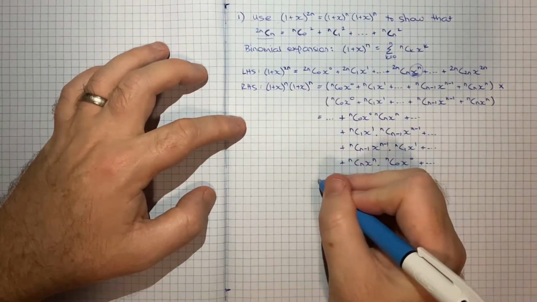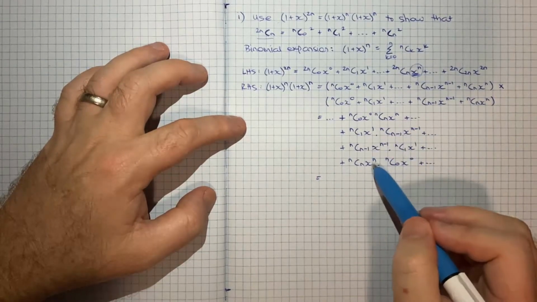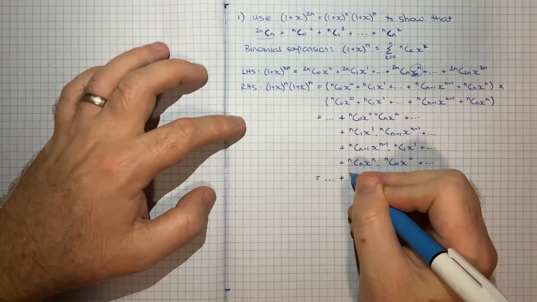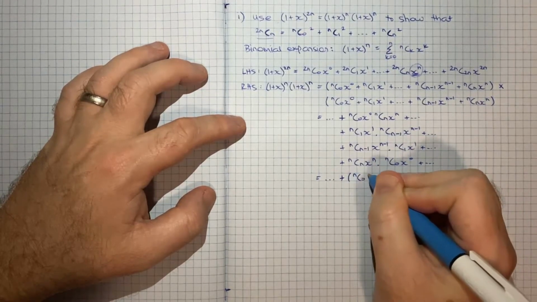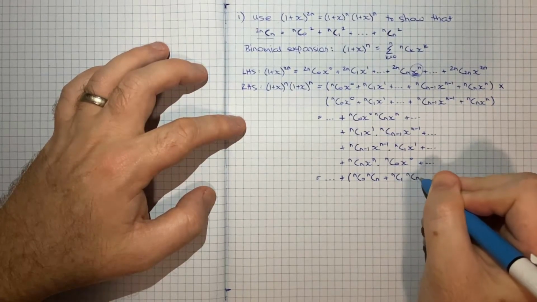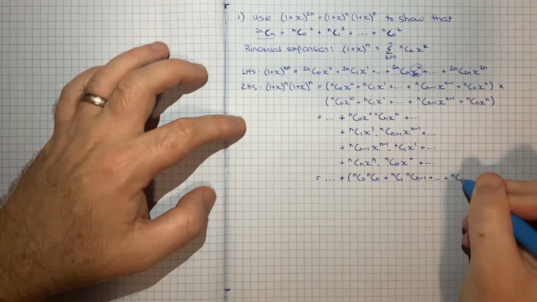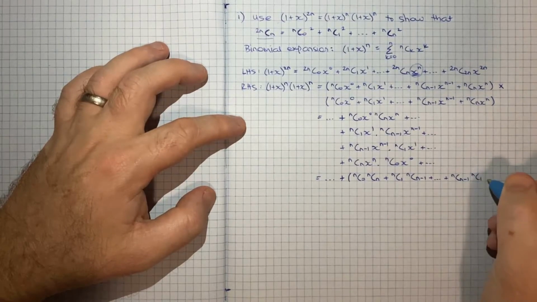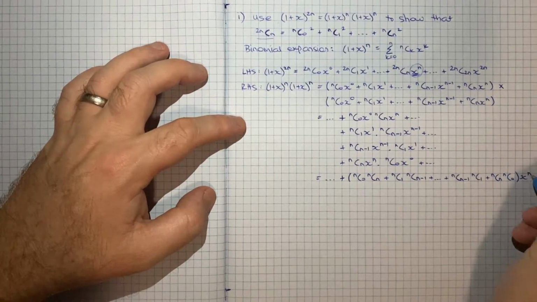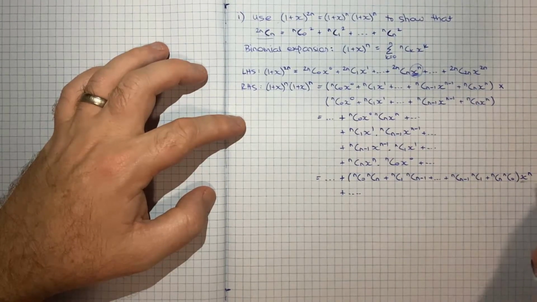And so now, knowing that each of these, when multiplied, will get x^n, I can write this as whatever I get plus, in brackets, nC0 nCn + nC1 nC(n-1), and so on, plus nC(n-1) nC1 + nCn nC0, times x^n, and then plus whatever else we get. We only really care about this.